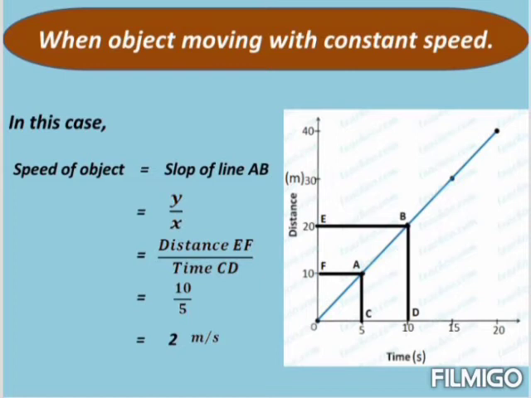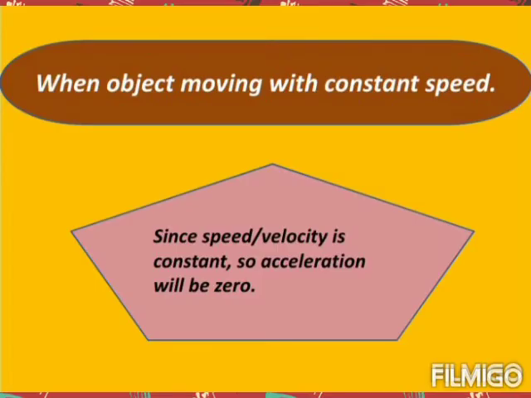It means if we take different points after points A and B, we also get the value of speed as 2 meters per second. It means the speed is constant. So when the object is moving with constant speed, the acceleration of the object will be 0. Here are the two words, speed slash velocity.